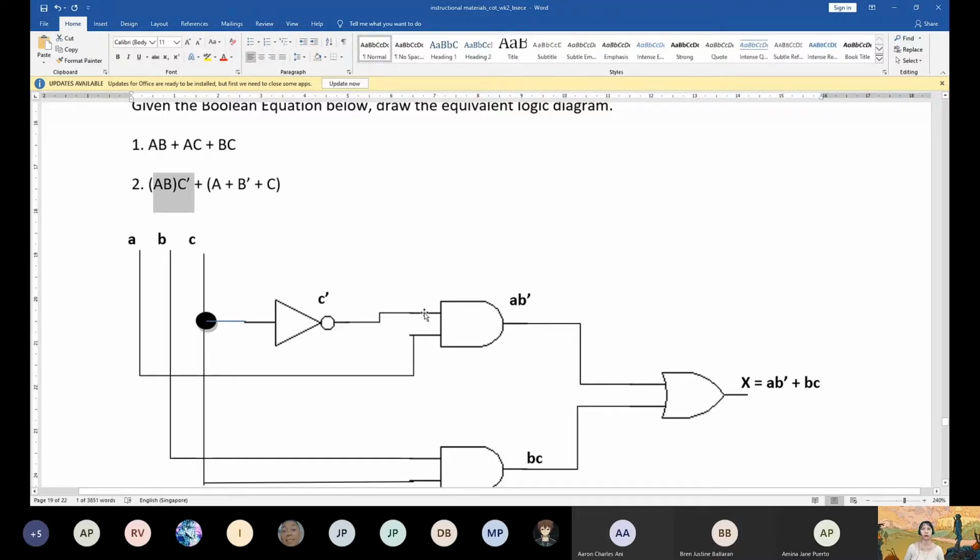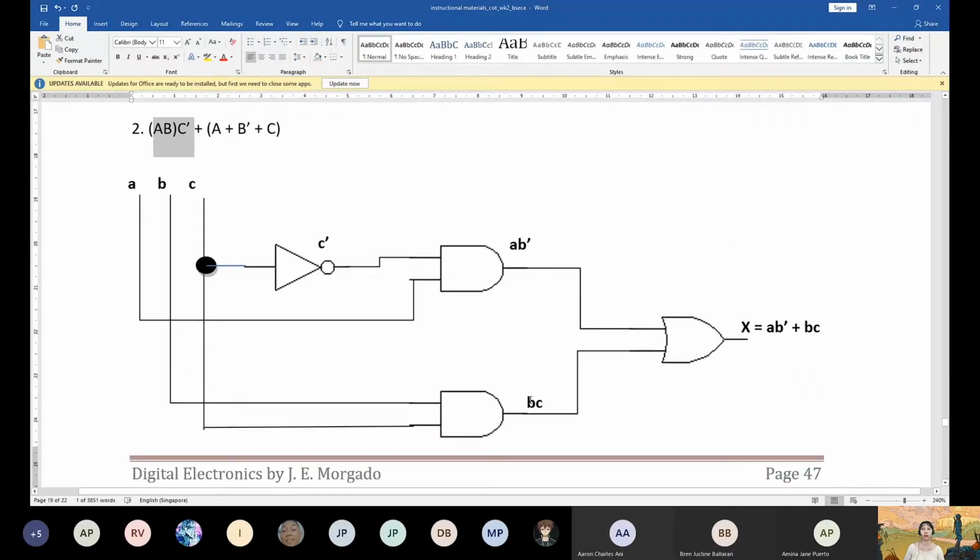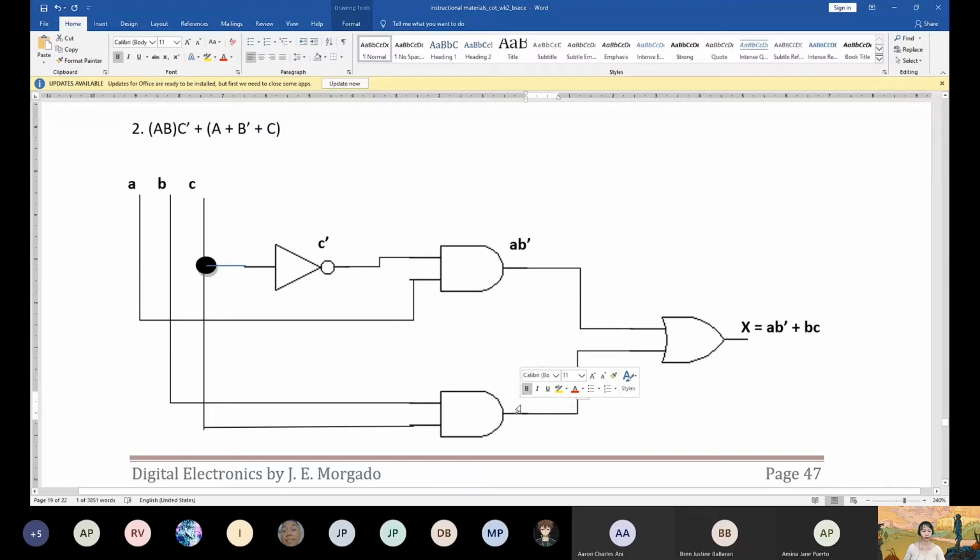So if we're going to buy a 7408, it only has two inputs. So we need to have a gate for AB. Let's say this is our AB.